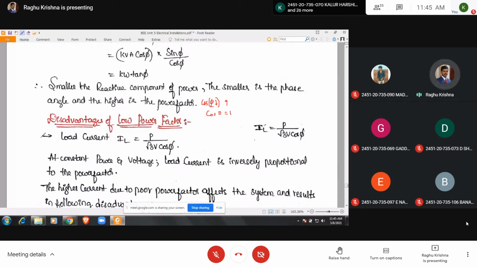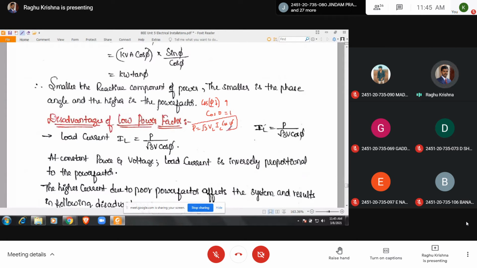Here, what are the disadvantages of a low power factor? We know that P equals root 3 VL IL cos phi.